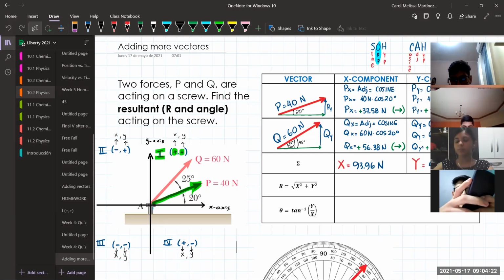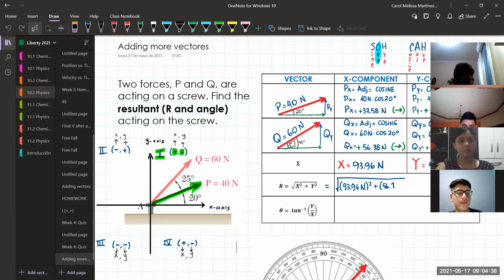Okay. Now what we do is we apply the formula for the resultant. So we say square root of 93.96 Newton to the second power plus 56.1 Newton to the second power.